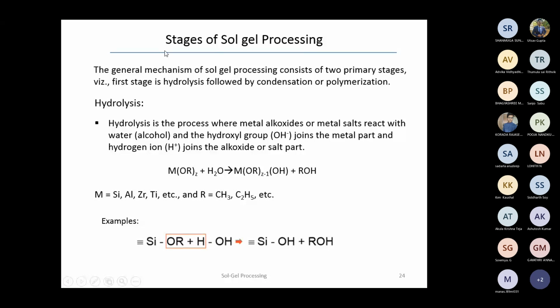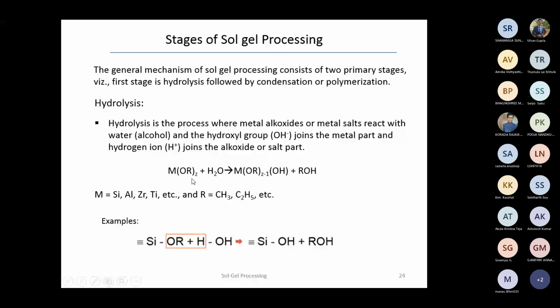The general mechanism of sol-gel processing consists of two primary stages: the first stage is hydrolysis, followed by polymerization. So in hydrolysis, what is happening? You see, this is a metal alkoxide.